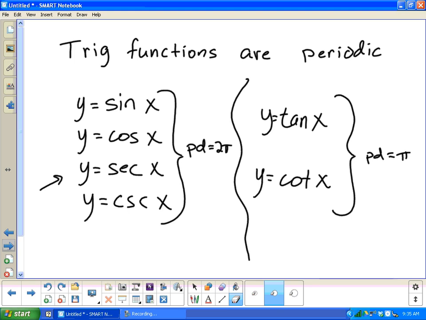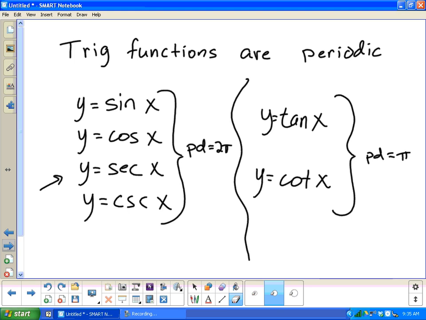After I've completed a cycle, the next cycle would just start back over and pick up where the other one left off and do the same old values, because what did sine and cosine do? Bounce back and forth between -1 and 1. So they would just repeat those same values over and over.